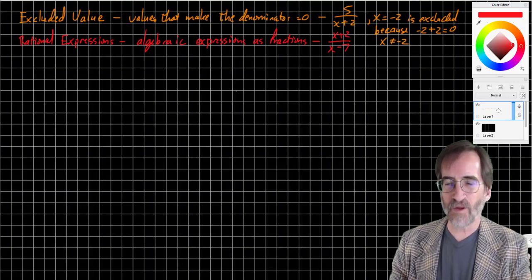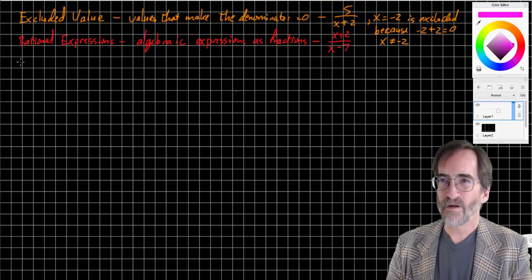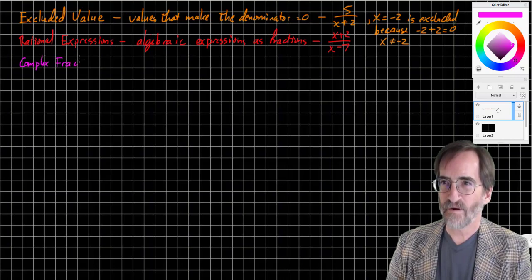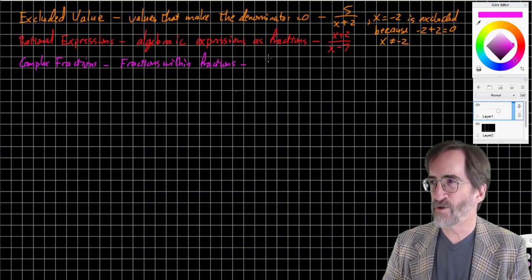Lesson 2, multiplying and dividing rational expressions. Keyword, complex fractions. It's fractions within fractions. So you have fractions in the numerator and or the denominator.